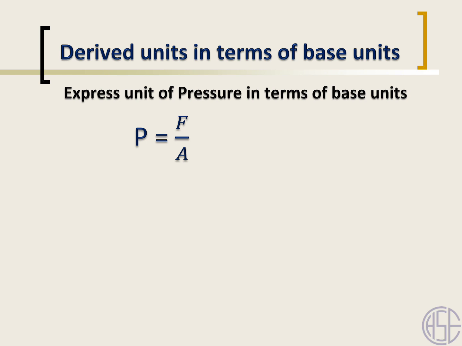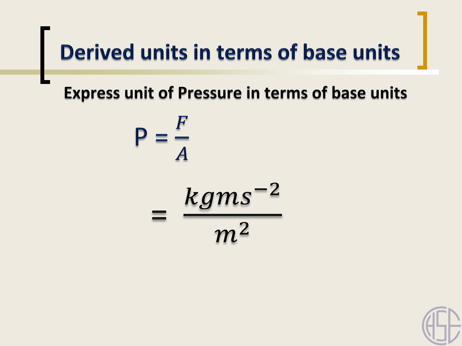So here I have to convert force into its base units, and area into its base units. Force we have already seen: kg m s to the power of -2. We have just seen this from the previous slide, that's why I'm directly taking it like that. Otherwise you have to derive the base units of force.